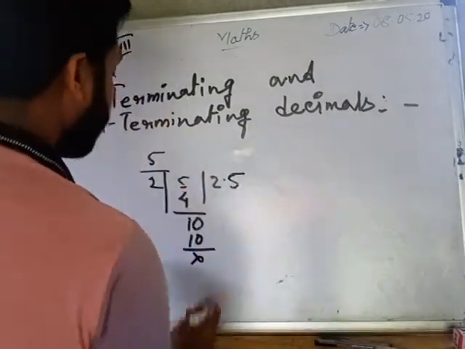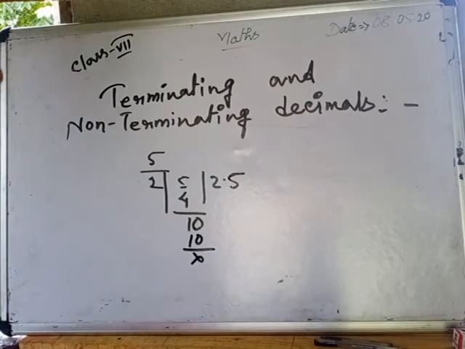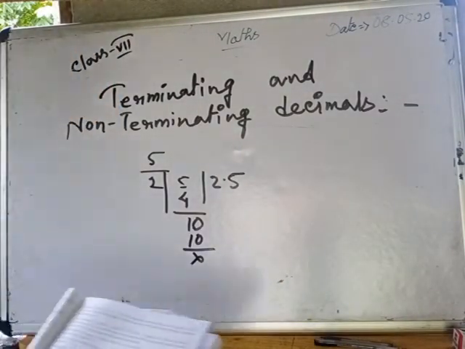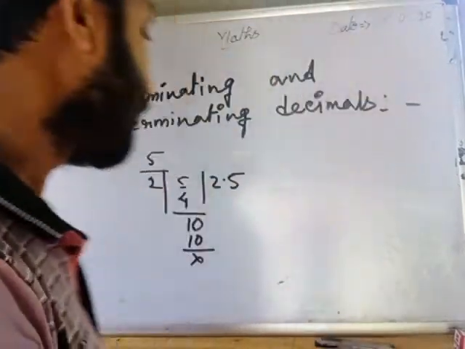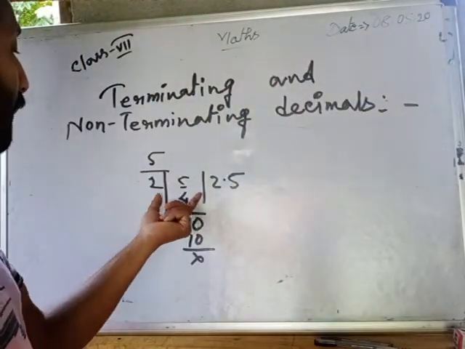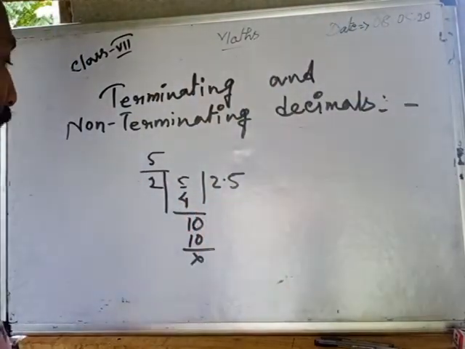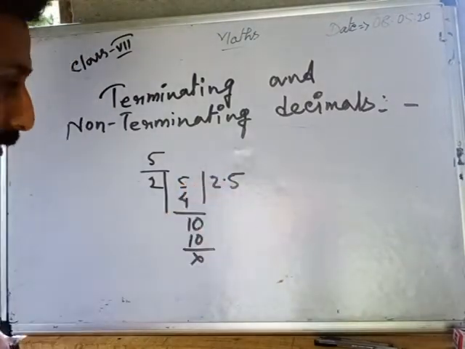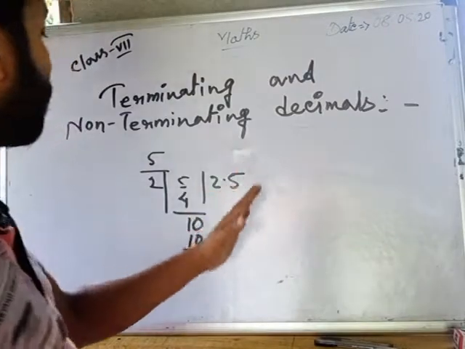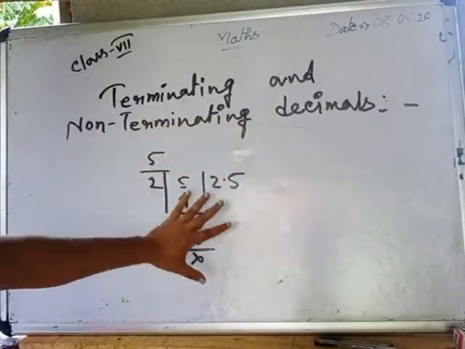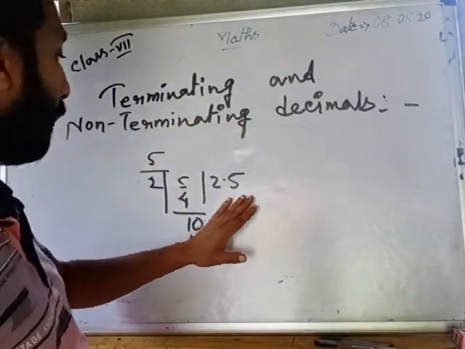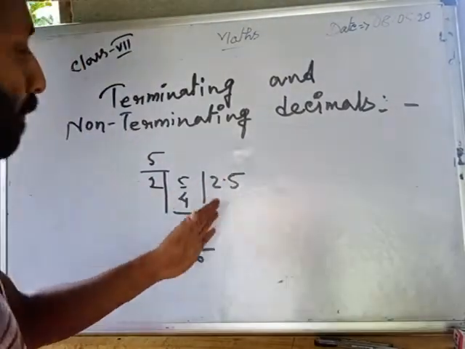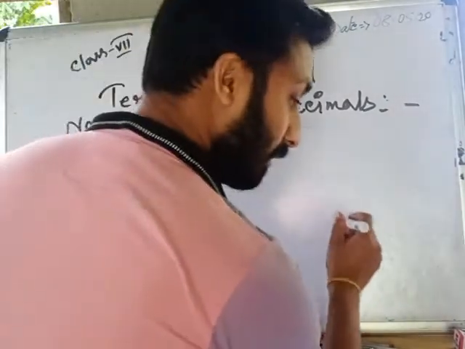That means after the point the division ends up. Okay, we find that the division ends up after decimal, or after some steps division will end up, or we find the division ends up after few steps.